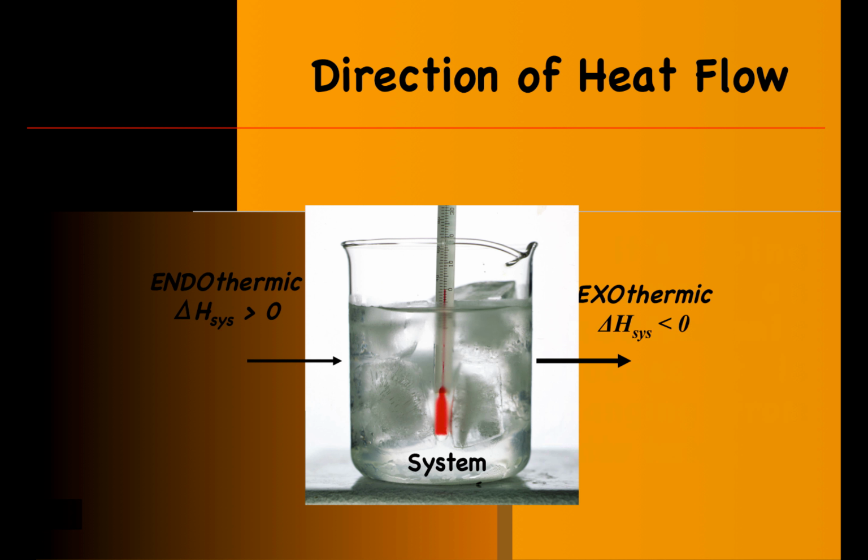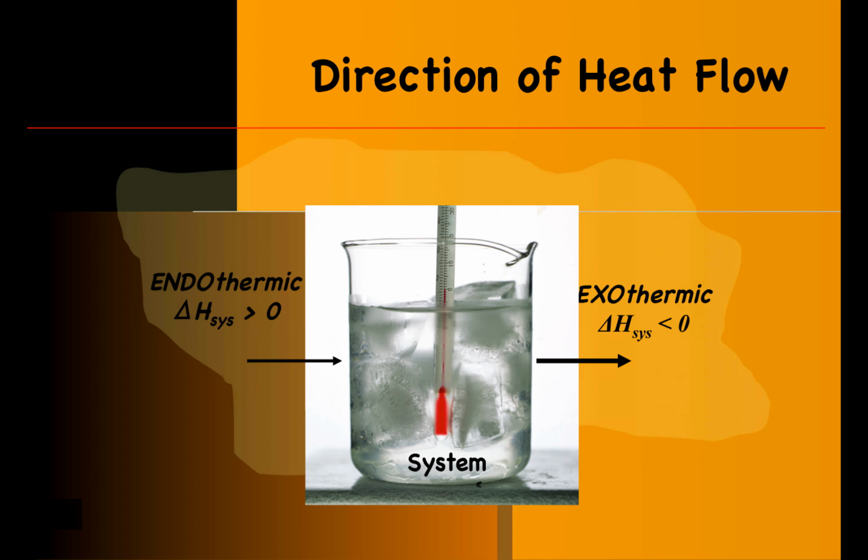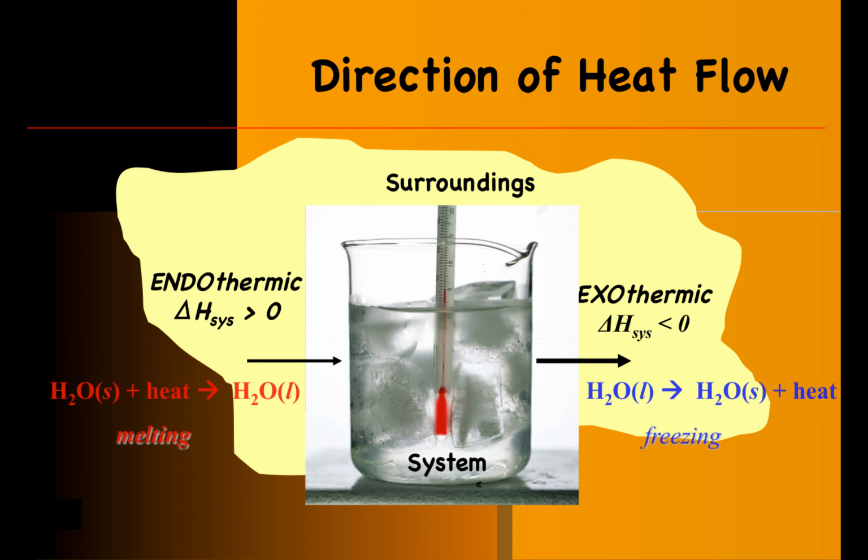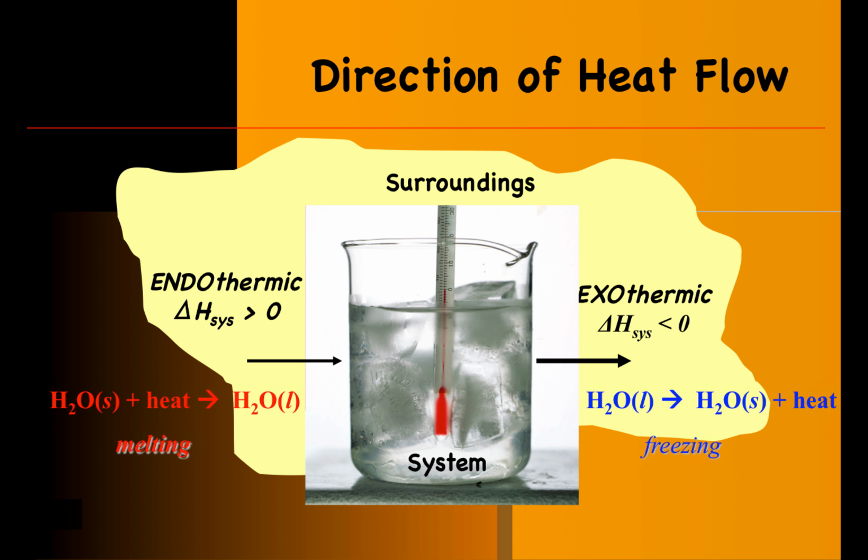If you have an endothermic reaction, that means energy is being absorbed. That means delta H of the system is greater than 0. In other words, it's positive. If energy is entering the system, that means you have the melting process.